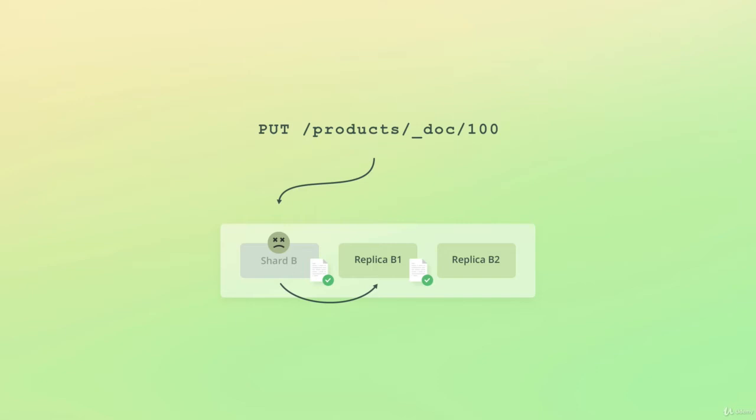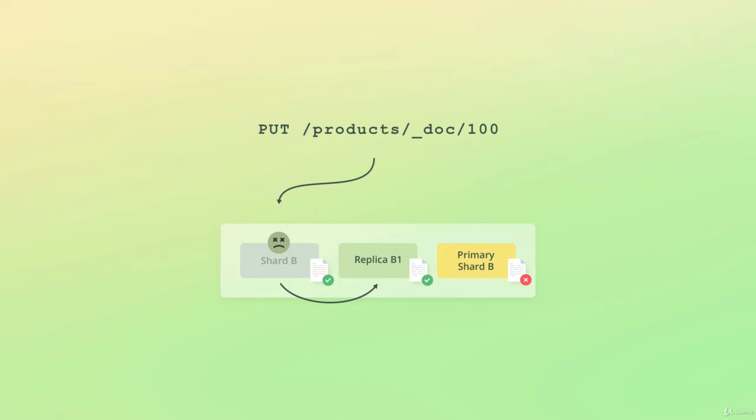I won't get into the details of this now, because that's a large subject on its own. That being said, it involves one of the replica shards being promoted to being the new primary shard, because each replication group must have a primary shard. The problem is now that the two remaining shards do not share the same state, because one of them indexed the new document while the other didn't.